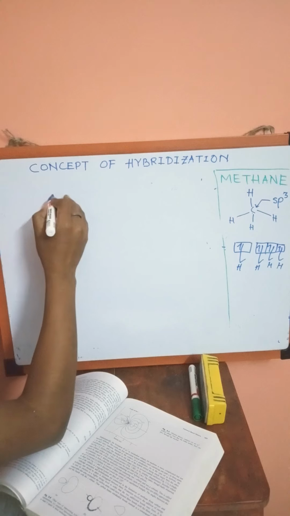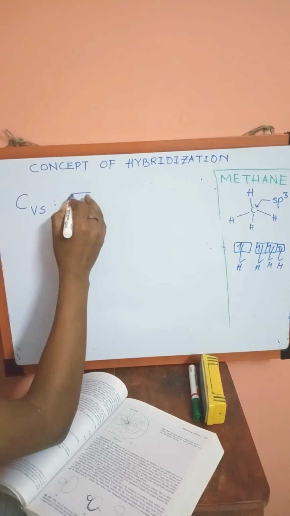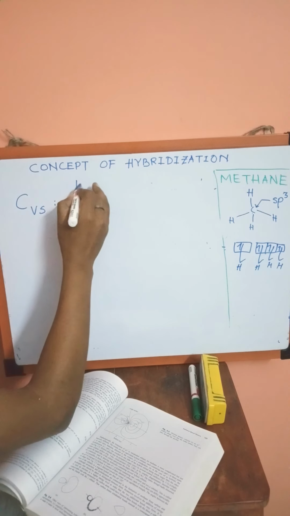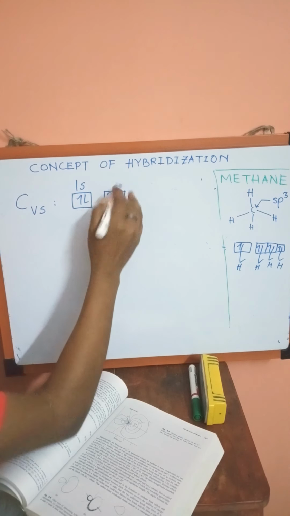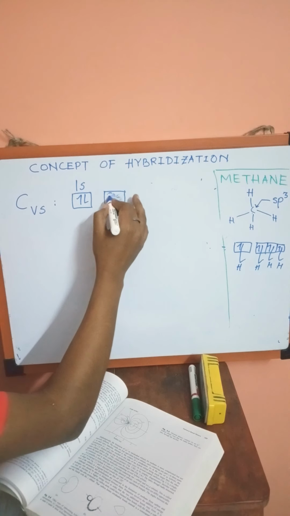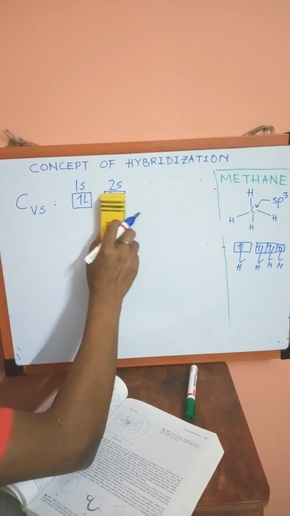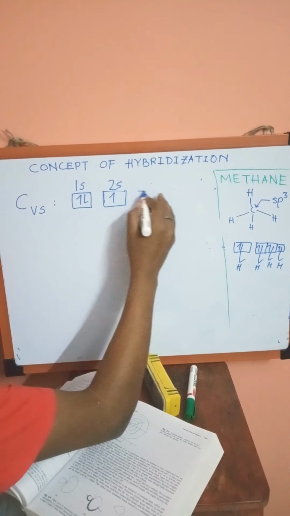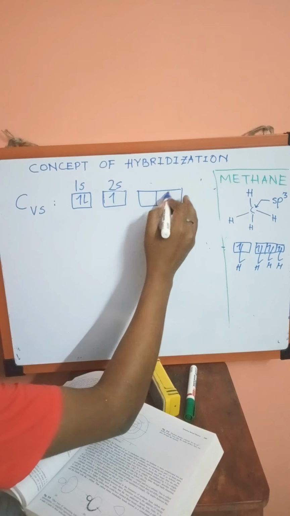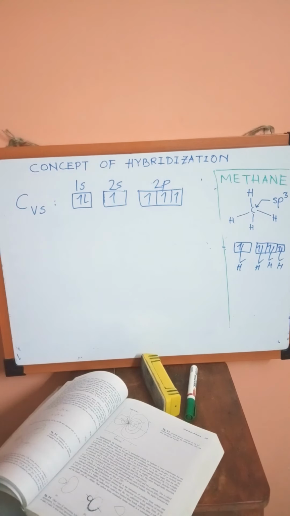It was a kind of carbon in valence state, that is 1s, 2s, and 2p.